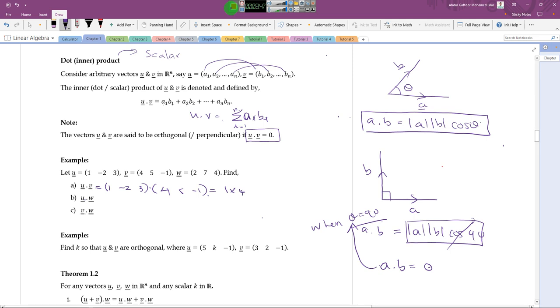So 1 into 4 plus minus 2 into 5 plus 3 into negative 1. So the answer would be 4 minus 10 minus 3, which is equal to minus 9. I'm sorry, so minus 1 minus 9. Okay, right.